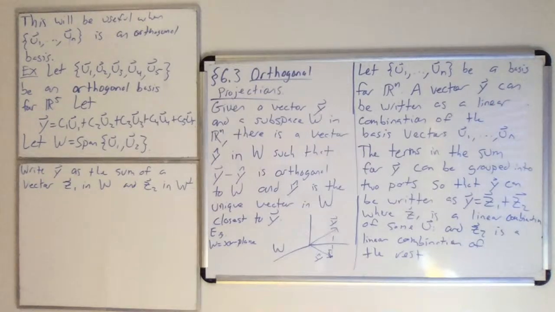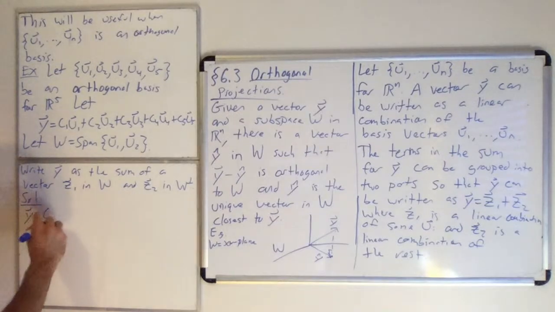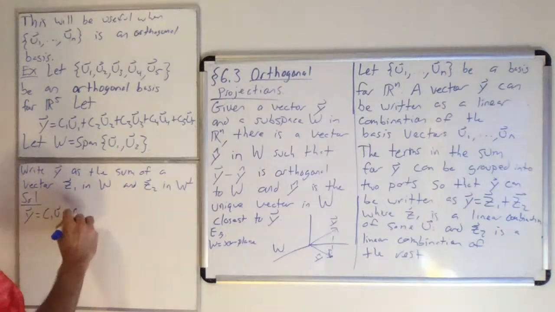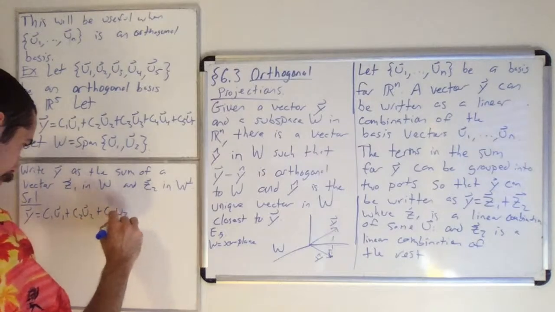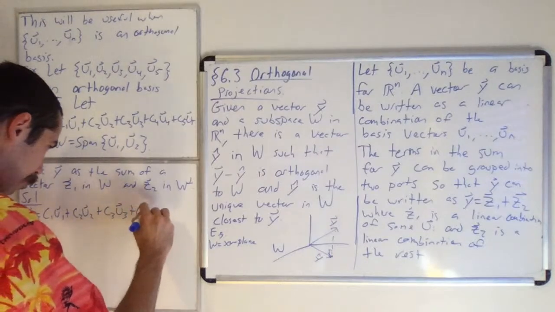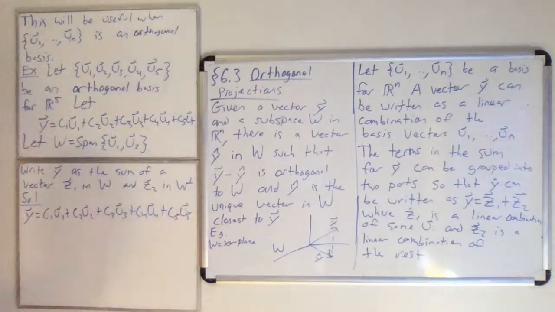Okay, so I'll just walk through this because it's our first example. So y is equal to c1u1 plus c2u2 and so on. So y is equal to this linear combination, right? That was given to us.